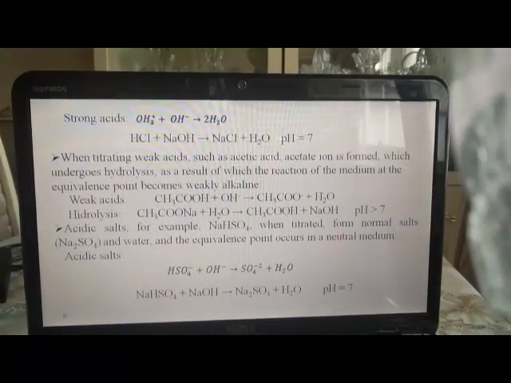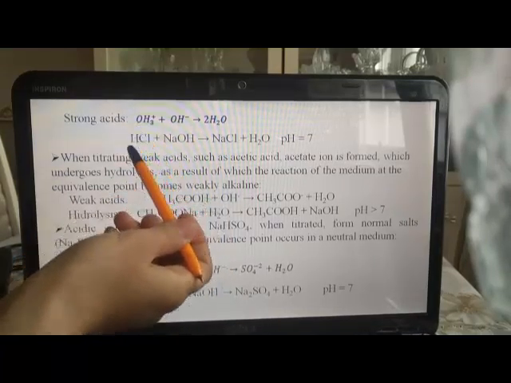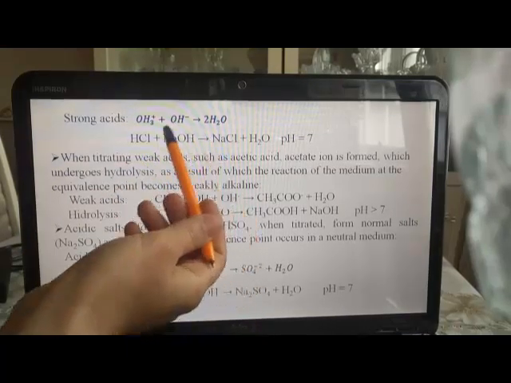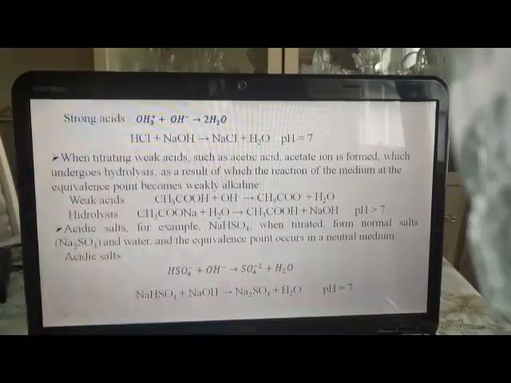Strong acids, for example, titration of strong acid hydrogen chloride with a titrant solution of sodium hydroxide. The pH of the medium is equal to 7. When titrating weak acids such as acetic acid, acetate ion is formed, which undergoes hydrolysis, as a result of which the reaction of the medium at the equivalence point becomes weakly alkaline.